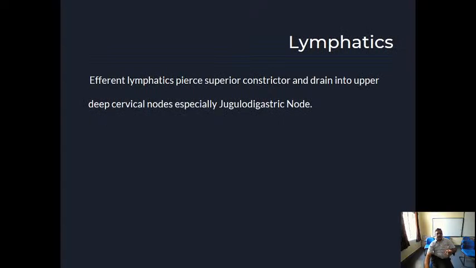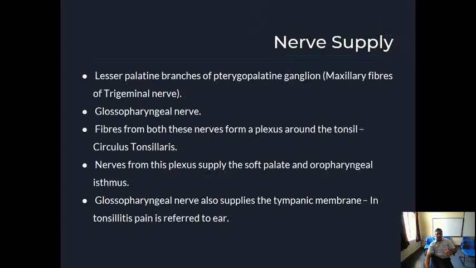Then the lymphatics drain into the deep cervical lymph nodes. That's why examination of tonsillitis, chronic or acute, is not complete unless you examine the jugulodigastric node.